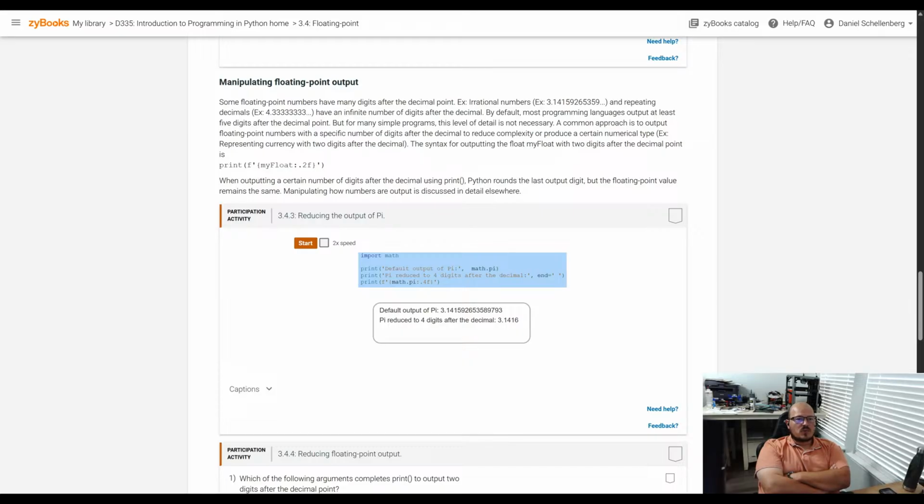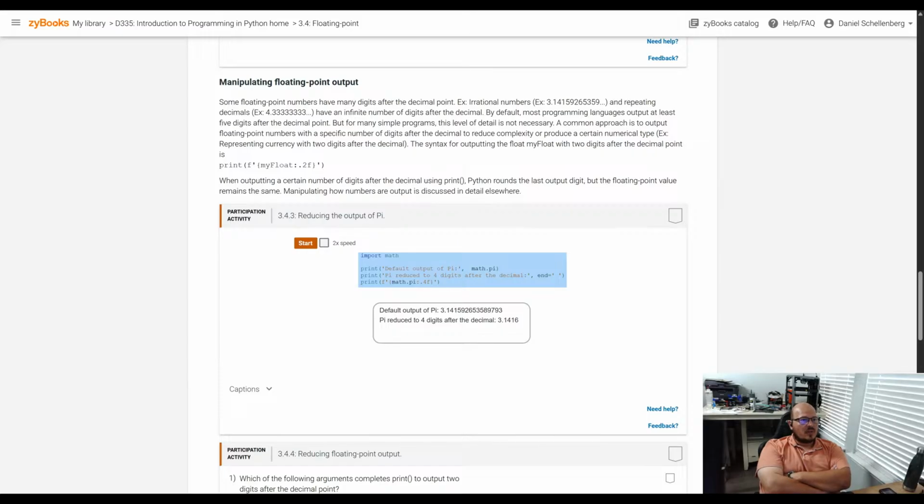By default, most programming languages output at least 5 digits after the decimal point. But for many simple programs, this level of detail is not necessary. A common approach is to output floating point numbers with a specific number of digits after the decimal to reduce complexity or produce a certain numerical type.